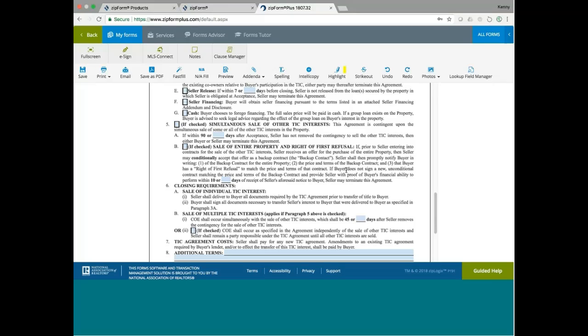You know, I think sometimes when a seller is selling a TIC interest, someone else showed up and said, I want to buy the entire building. Now, if you're a seller, you may be interested in selling the entire building as opposed to a fractional interest. But you're already in contract with this buyer who's only buying a fractional interest.